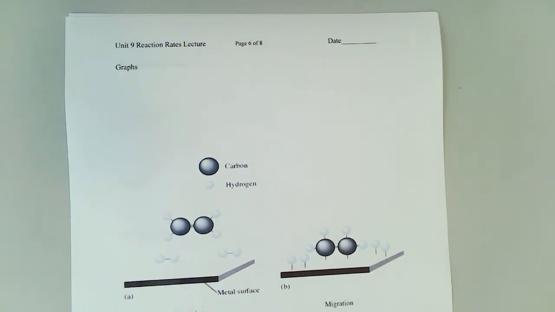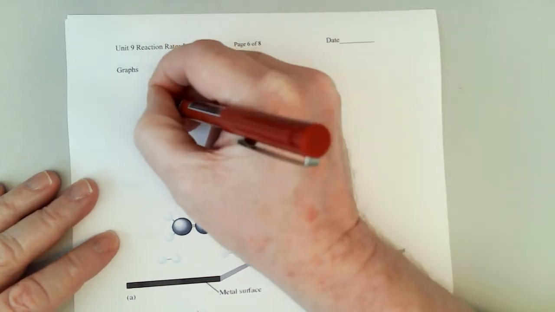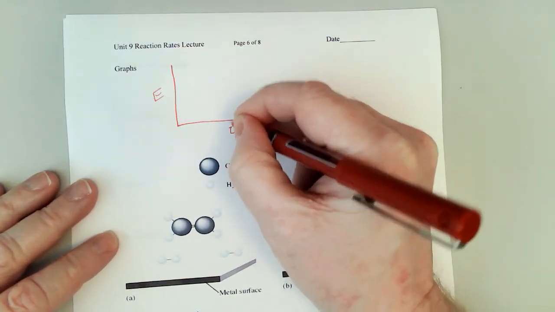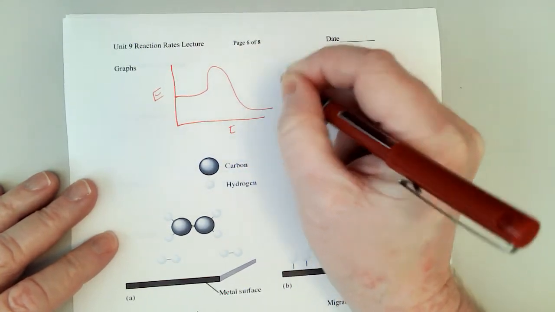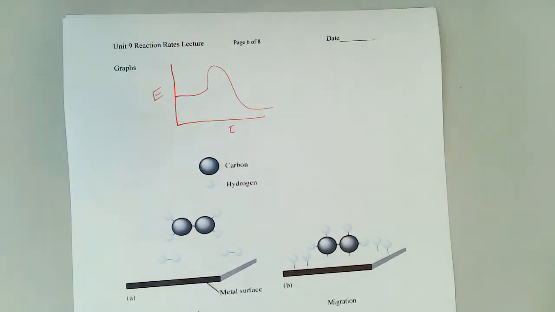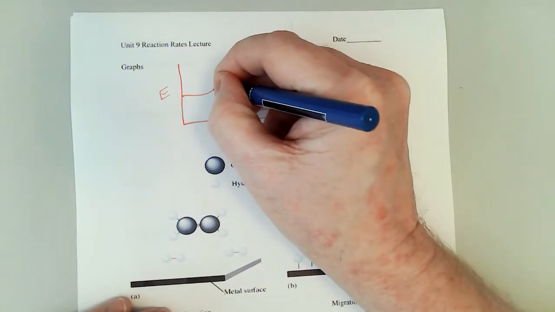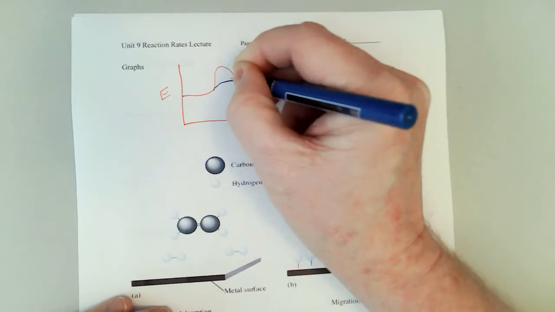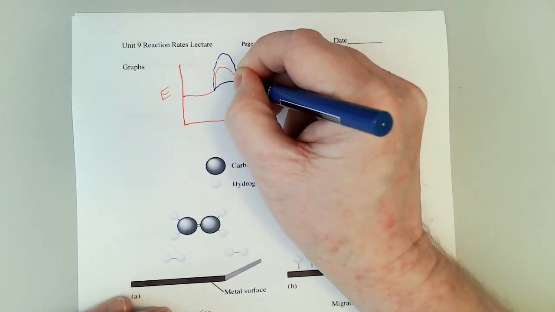Now, in general, what we say is that you have this energy pathway that we've talked about before, energy and time, and say it looks something like that. What the catalyst can do is the catalyst can provide a lower energy or a higher energy pathway.